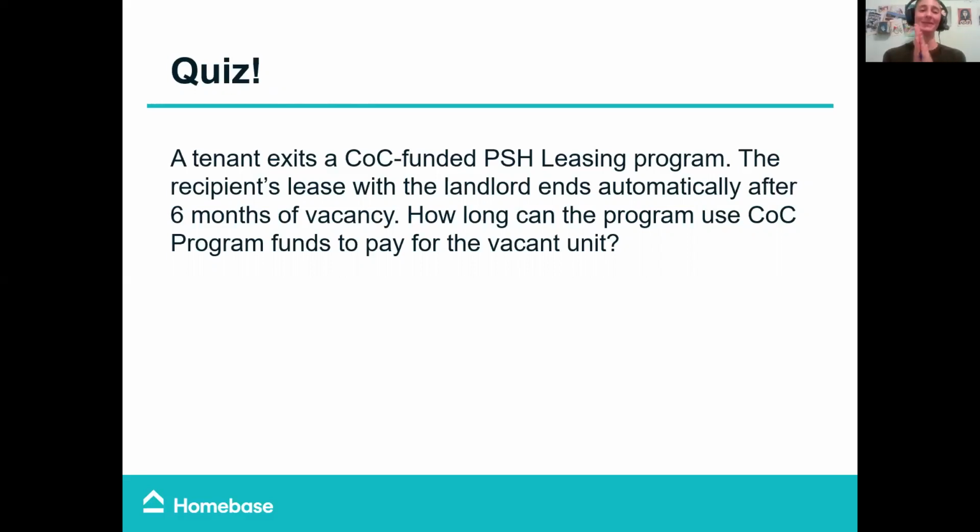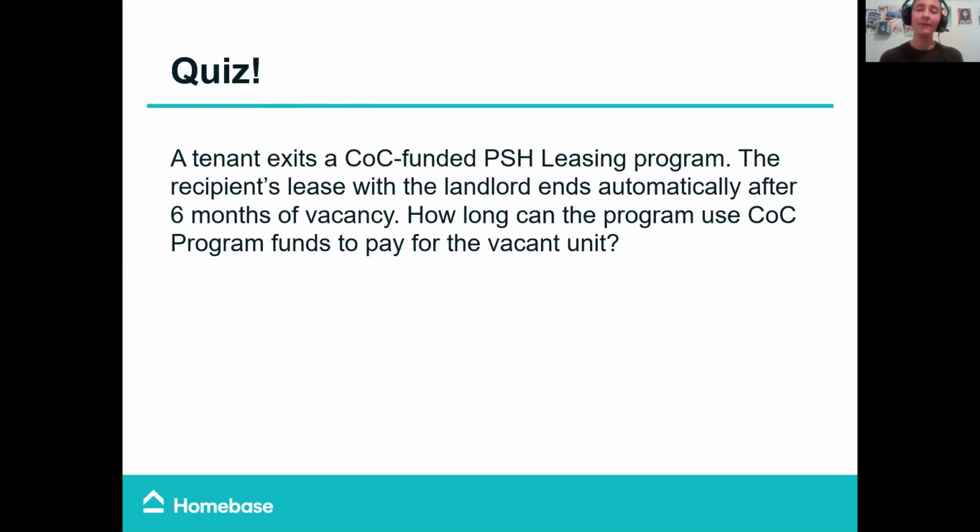So this particular quiz, you have a leasing program in this scenario, and you have a tenant who exited their CoC assisted unit that you're using your leasing funds on. The recipient's lease, so the program's lease with the landlord, ends automatically after 6 months of vacancy.